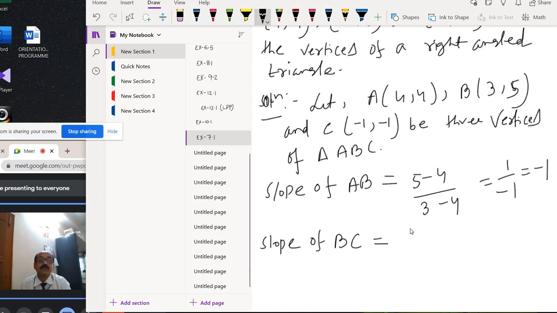It is (minus 1 minus 5) by (minus 1 minus 3), which is minus 6 by minus 4, which is 3 by 2.